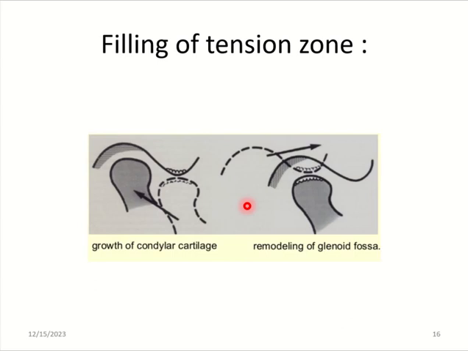So the concept is wherever there is a stretch in the muscle or stretching activity going on, the osteoblastic activity increases at that point, and then the matrix is laid and new bone formation occurs. So thereby there is a growth of the condylar cartilage, and thereby remodeling of the condyle ultimately happens. So to accommodate the new position of the condyle, the glenoid fossa also undergoes remodeling.